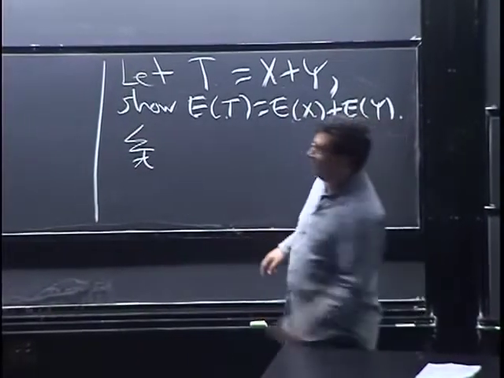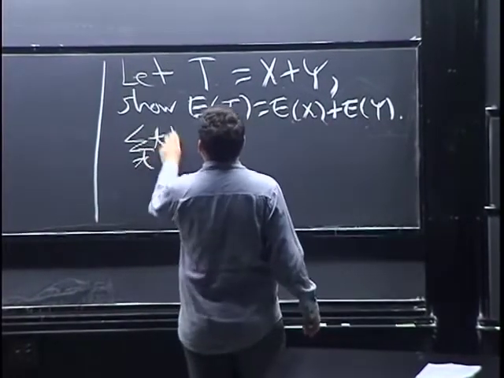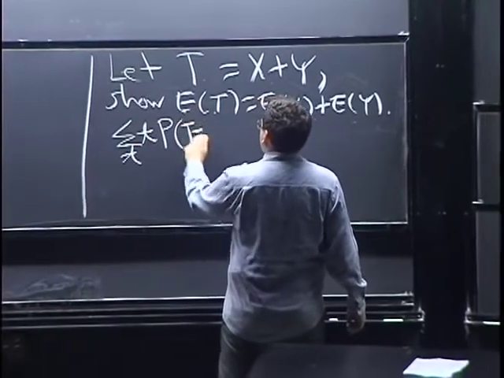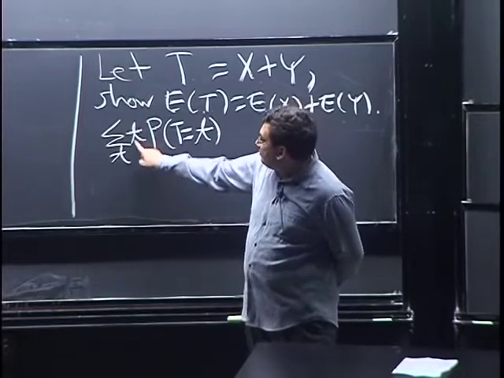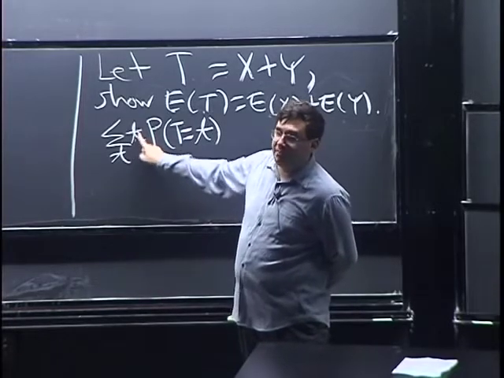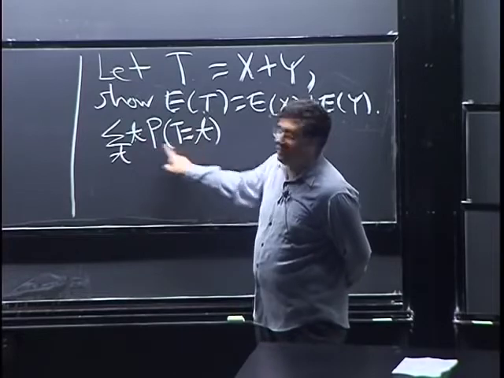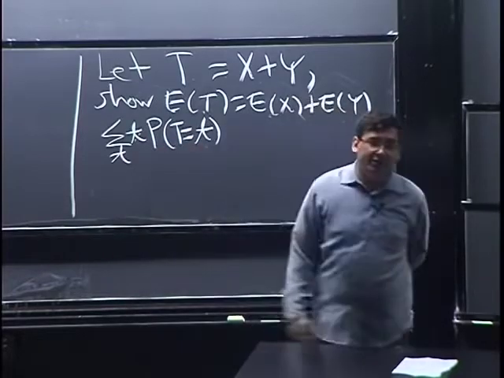That means we have a PMF, and the expected value is the sum of t times the PMF. So remember this from last time. We're just taking a weighted average of possible values. Little t is a possible value of capital T, and that's the PMF, so it's just a weighted average.